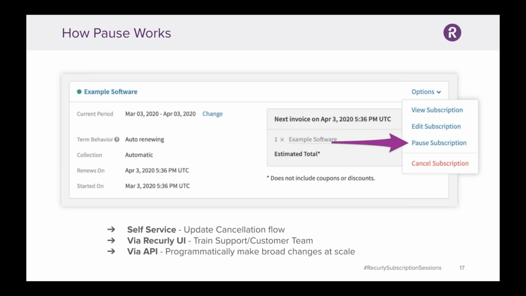Because it impacted their entire user base, they used the API and proactively put all those subscriptions in pause mode, used it as an ability to reach out to those customers, let them know, and generate some goodwill to retain the customers they had already spent so much money to bring in the door. And it's been very successful for them so far.